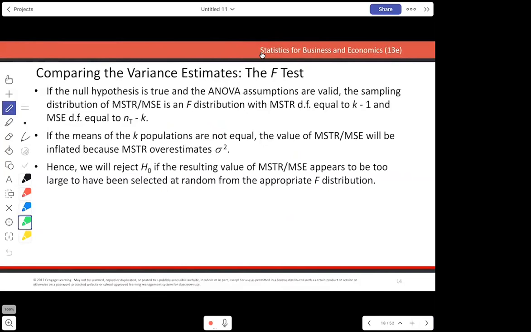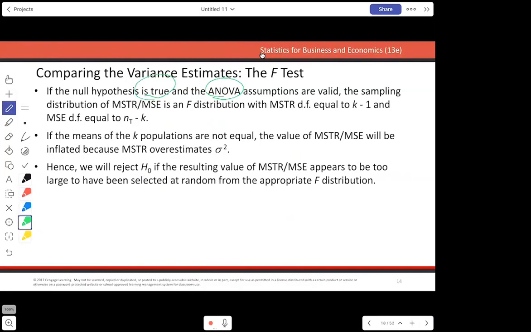So it says comparing the variance estimates, the F-test. If the null hypothesis is true and the analysis of variance assumptions are valid, we need to know what that is, which is basically that all of the samples are independently and randomly chosen, and that the population variances for the different populations happen to be the same. So if the means are the same and the population variances are the same, essentially we just have a single distribution, right?